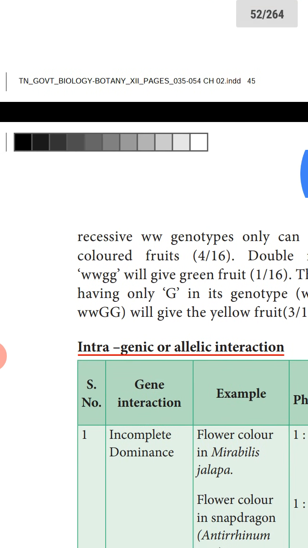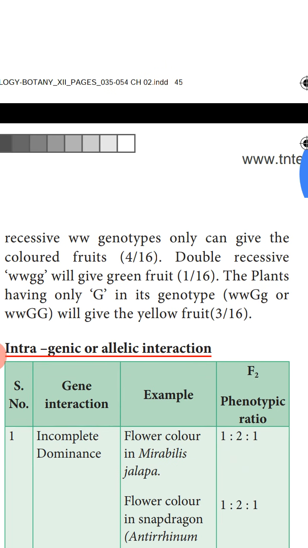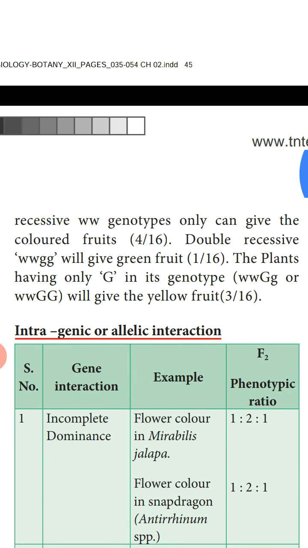Only the homozygous recessive small w genotype can give the colored fruits. Okay, only when small w is present in the recessive condition will the plant have color, otherwise the plant will be white. Double recessive, that is small w, small g, with both alleles present in recessive condition, gives a fruit color of green.